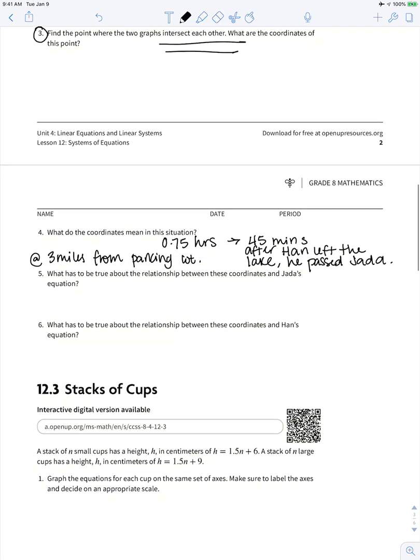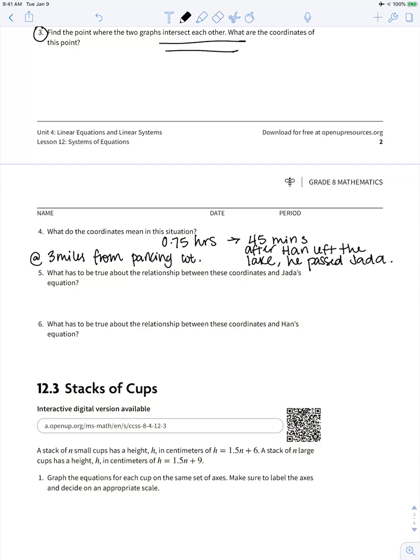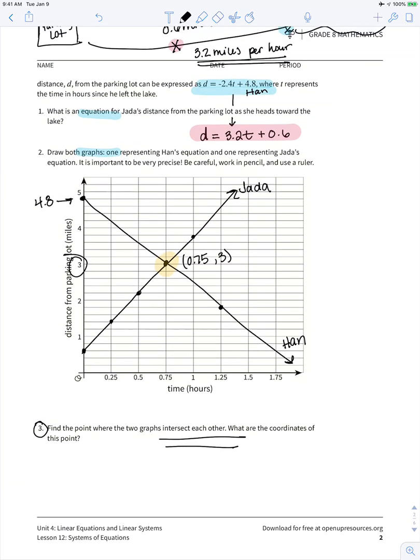All right, what has to be true? Well, these values of T and D make Jada's equation true. And the values of T and D also make Han's equation true, really answering both of those. And so that leads us into this idea of a system. A system meaning we have more than one equation. So up here on the top in blue and in the pink that I highlighted, we would call that a system.